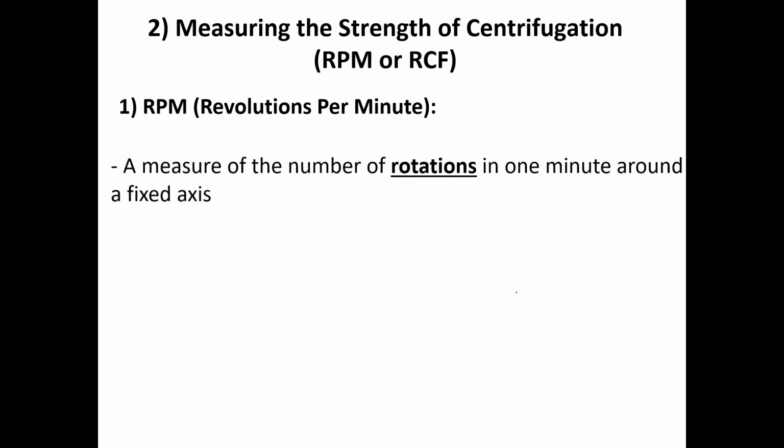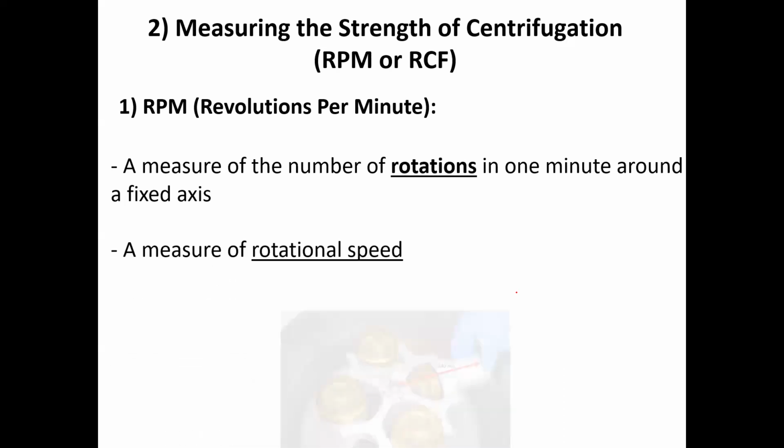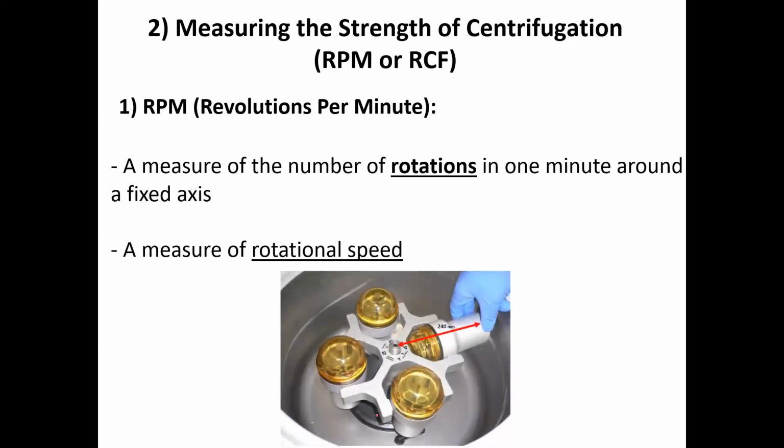So it's the measure of the number of rotations in 1 minute around a fixed axis. This is called here, guys, the rotor. It's inside the machine. This is what rotates. So it basically measures how many revolutions the rotor goes in 1 minute. Very simple.